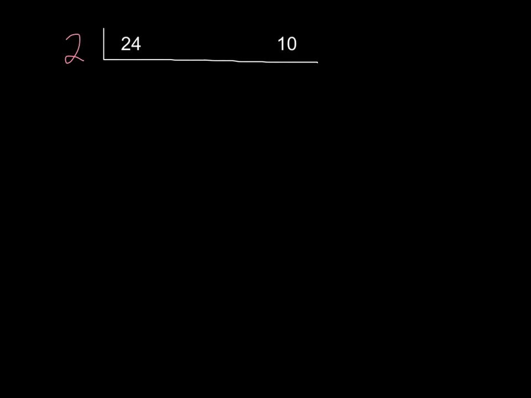And just like we've been doing, how many times does 2 go into 24? 12. How many times does 2 go into 10? 5. Now what I ask myself is, what goes into both 12 and 5? The only number I know that goes into both of them is 1. And what that tells me is that 12 and 5 are relatively prime.